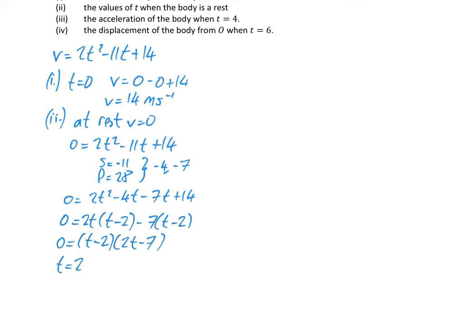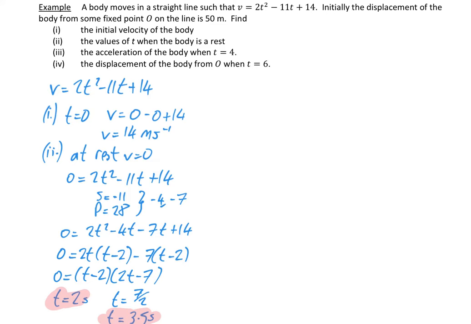So t is equal to 2 seconds, or t is equal to, and give the exact value, 7 over 2, and because that's a nice one, we can tidy it up as 3.5 seconds. So t is equal to 2 seconds, or t is equal to 3.5 seconds, are the times when your body is at rest.